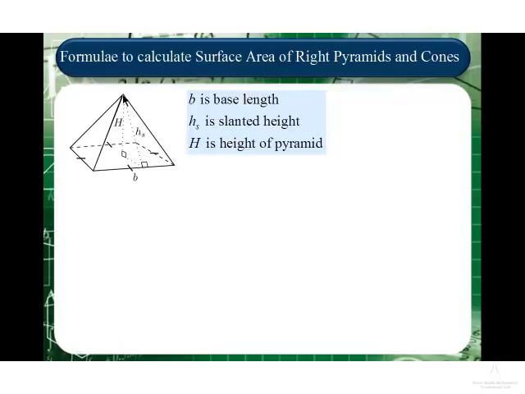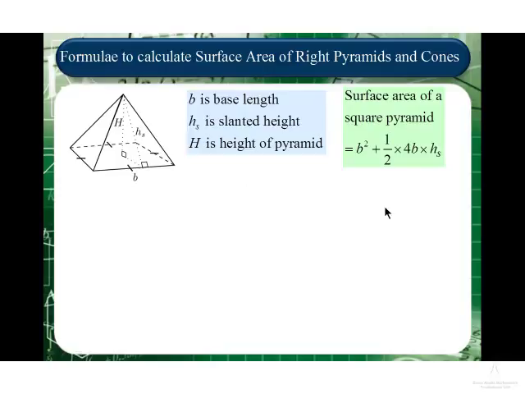If you drop a perpendicular from the apex in this case down to the midpoint of one of the sides of the base, that distance is our slanted height, and that will be denoted by h sub s in this case. And of course we have the height of the pyramid, the distance between the apex and the base, as indicated if one drops a perpendicular down to the center point of the square base.